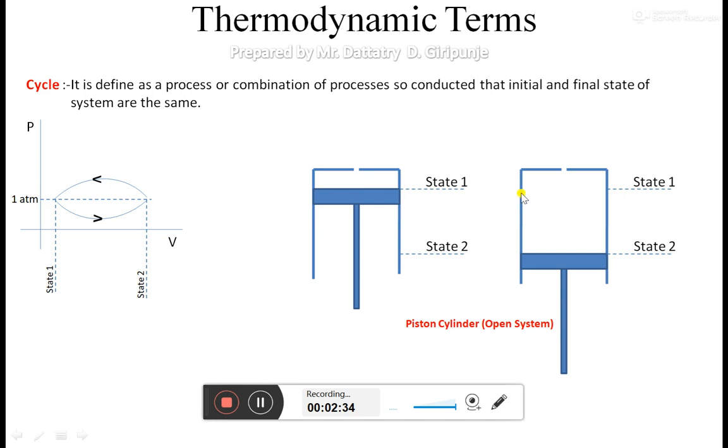Consider the system is at state 1 initially, right here. Whenever the piston moves downward, what will happen? A vacuum will initiate inside the cylinder.